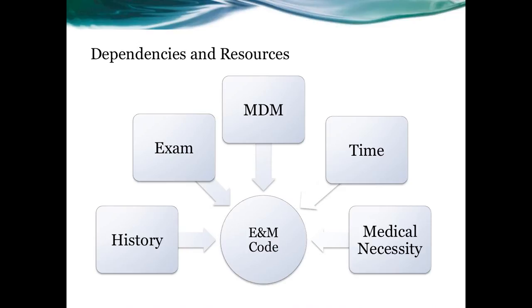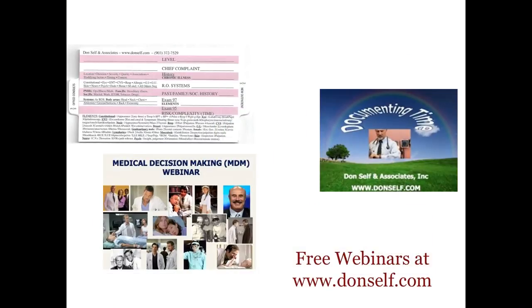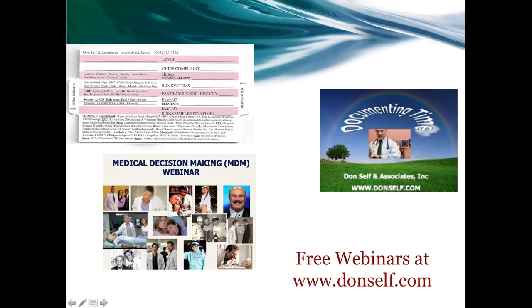If time gives you a higher level, you can bill it off of time using the slide rule. If medical decision making exam gives you the highest, then you can bill it off of those instead. But remember, medical necessity drives everything. Medical necessity will be what the carriers will question, including Medicare, if something is truly medical necessary. Can your doctor justify it to another doctor? That's the big question. So this was a webinar on slide rule.